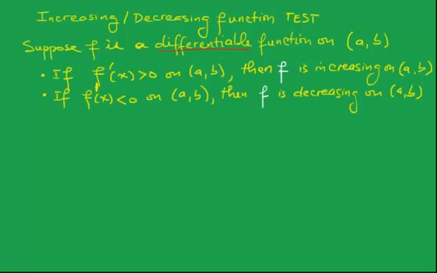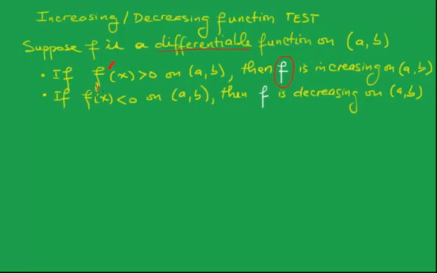Now, if the derivative of a function, f prime, is positive on (a, b), the open interval (a, b), then f, the original function, is increasing. So if the derivative is positive, then the original is increasing.